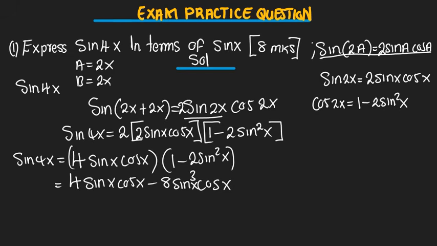Okay. Now when we reach here, we can actually do something. If we want, we can factorize the equation. So when we factorize the equation, what is going to be common? What is common here is simply 4.